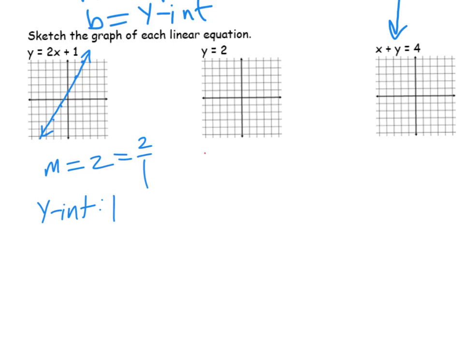y equals 2. Okay, so really what we have here is this is 2. The x doesn't show up because it's been multiplied by 0. So this would mean m is 0. And the y-intercept is 2. Okay. Now we saw that case on the slide before, right?